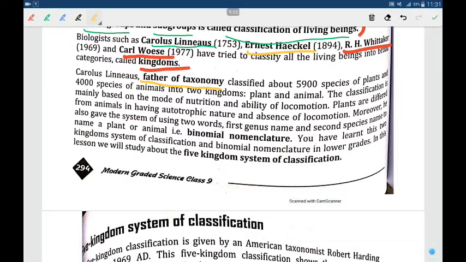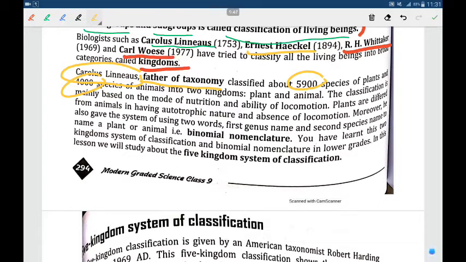Carolus Linnaeus was the first person to classify near about 5,900 species of plants and 4,000 species of animals into two kingdoms: plant kingdom and animal kingdom, and again they were divided into subgroups.